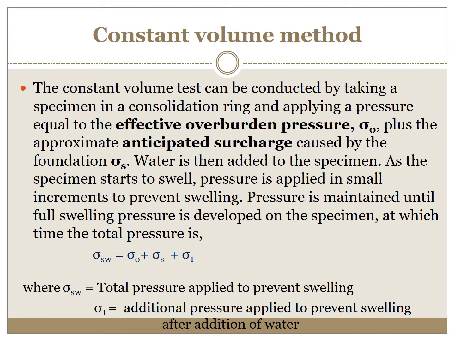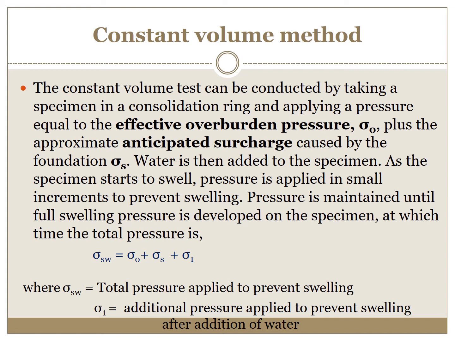Next, the constant volume method. The constant volume test can be conducted by taking a specimen in a consolidation ring and then applying a pressure equal to the effective overburden pressure, which is sigma naught, plus the anticipated surcharge caused by the foundation, which is sigma s. Then water is added to the specimen.